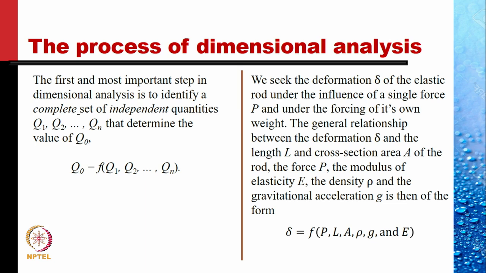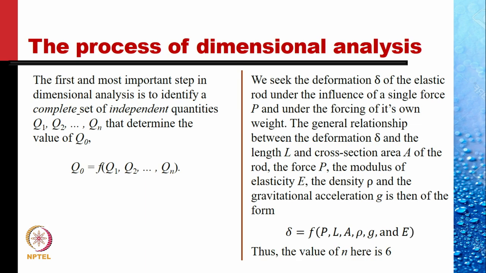The general relationship between the deformation delta and the length L and the cross area A of the rod, the force P that we apply, the modulus of elasticity E, the density rho of the rod material, and the gravitational acceleration g, is then of the form: delta is a function of P, the force, L, the length, A, the area of cross section, rho, the density, g, acceleration due to gravity, and E, the elastic modulus of the rod material.